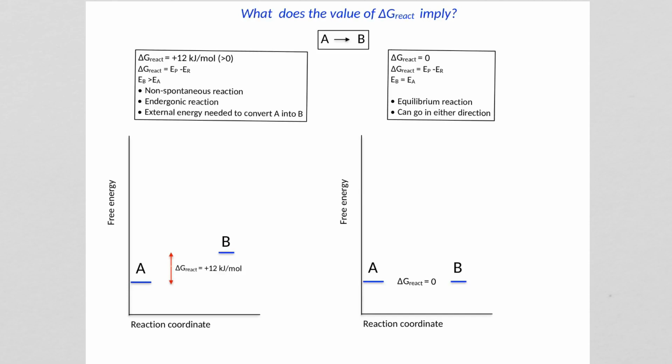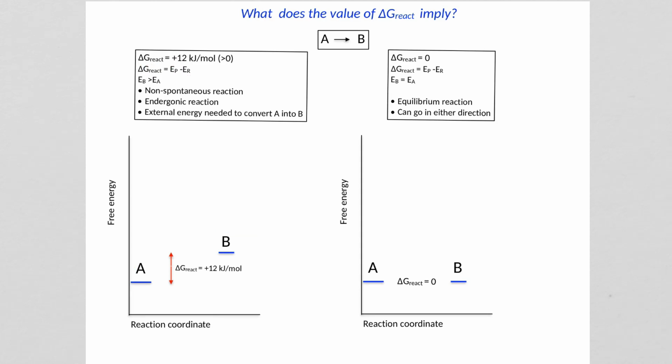The delta G reaction is the energy of the product minus the energy of the reactants. So in this case, the product is B, so energy of B minus the energy of A. Since B has higher energy than A, this delta G will come out to be a positive number.